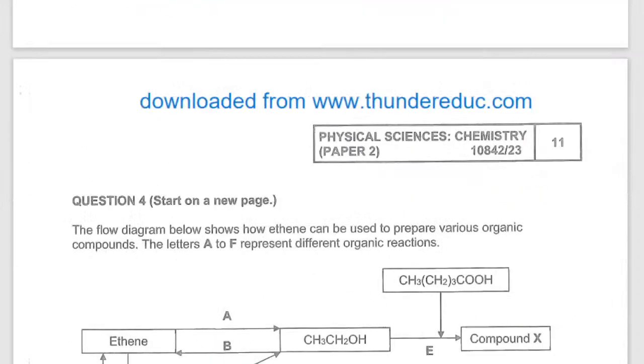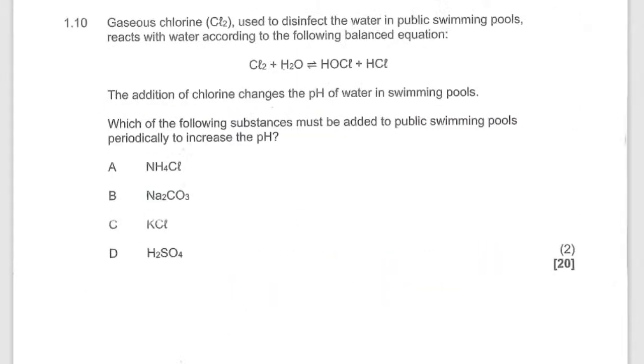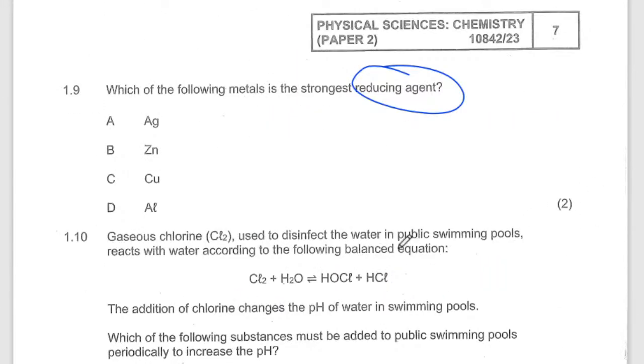So when you come back to the question, it is saying which one of the metals is the strongest reducing agent.